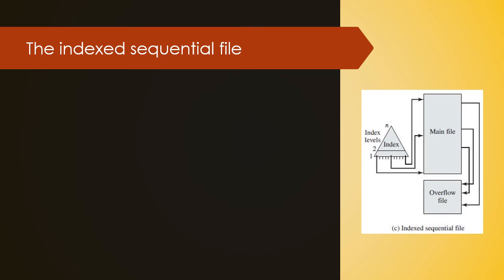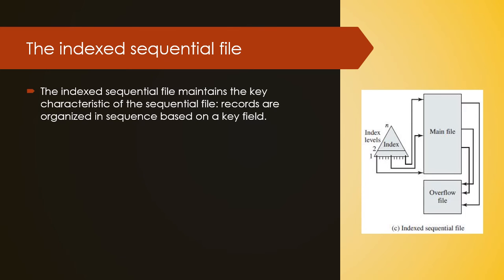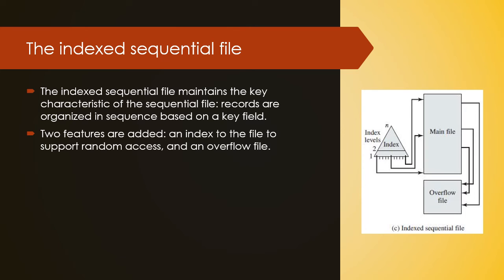A popular approach to overcoming the disadvantages of the sequential file is the indexed sequential file. The indexed sequential file maintains the key characteristic of the sequential file. Records are organized in sequence based on a key field. Two features are added: an index to the file to support random access and an overflow file.